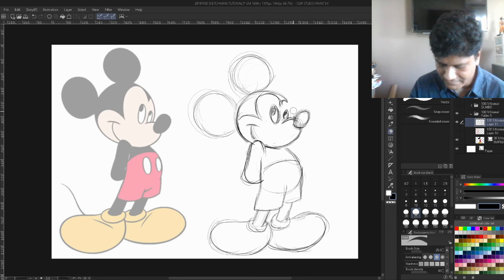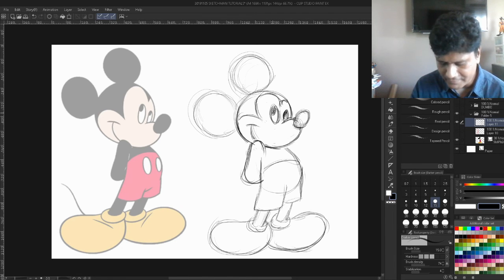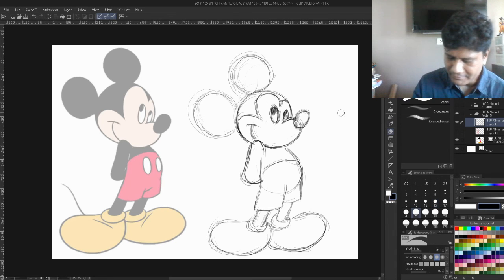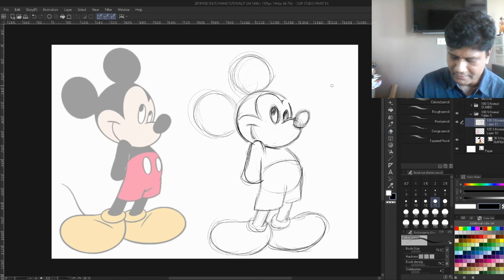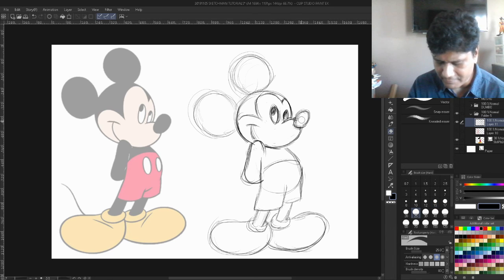Another thing here is that I just noticed that, correct me if I'm wrong, I hope this is the official design, because I just realized that he doesn't have eyebrows.